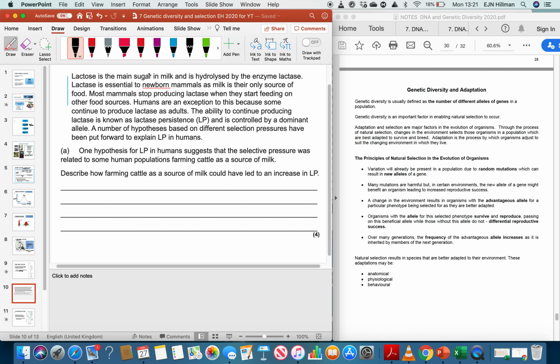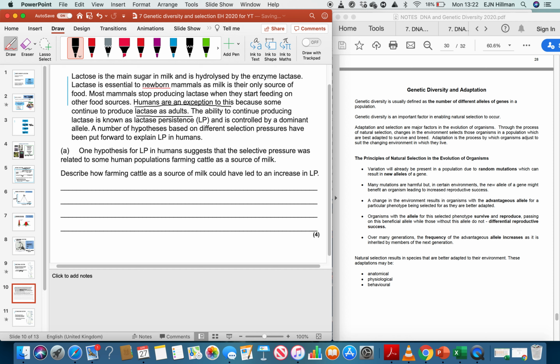Okay, so lactose is the main sugar in milk and hydrolyzed by the enzyme lactase. Lactase is essential to newborn mammals as milk is their only source of food. Now, most mammals stop producing lactase when they start feeding on other food sources. Humans are an exception to this because some continue to produce lactase even as adults.